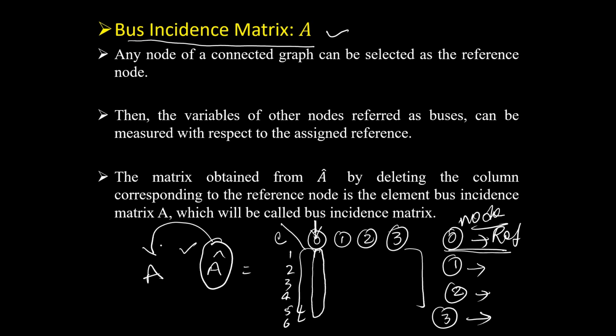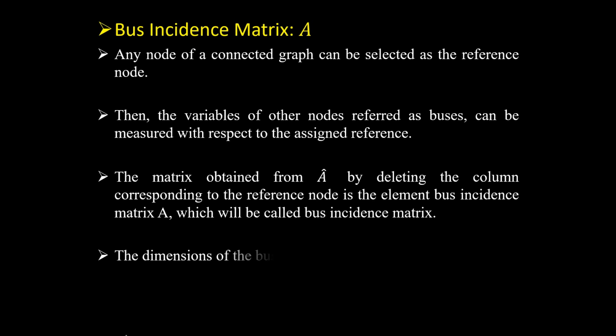This A cap will be transformed into the A matrix if you delete the column with respect to the reference node. Therefore, the size of the A matrix will be E by n minus 1. That n minus 1 is nothing but deleting the column corresponding to the reference node.